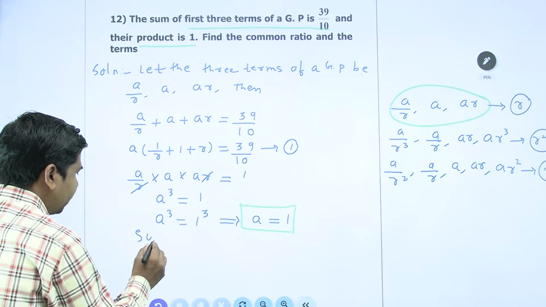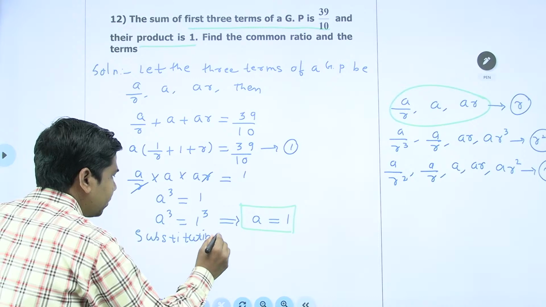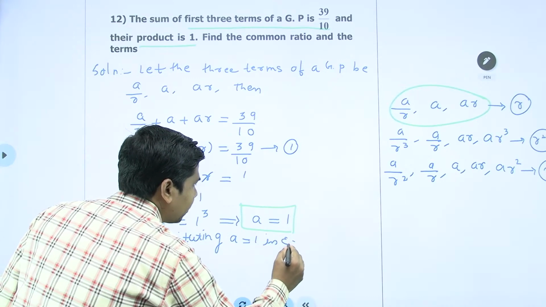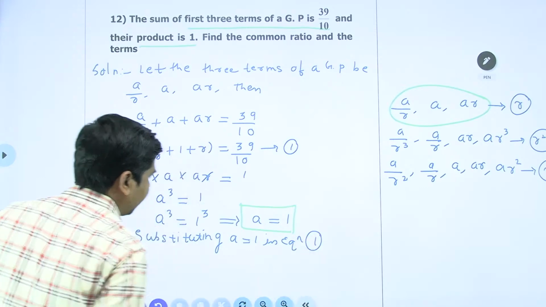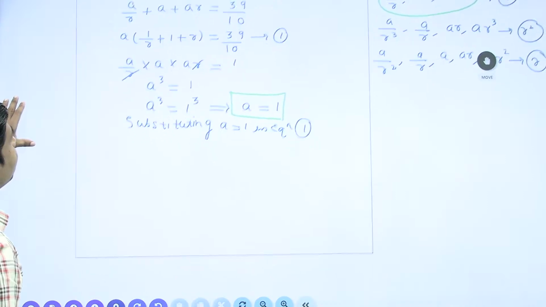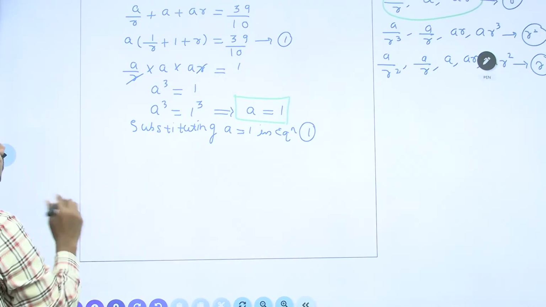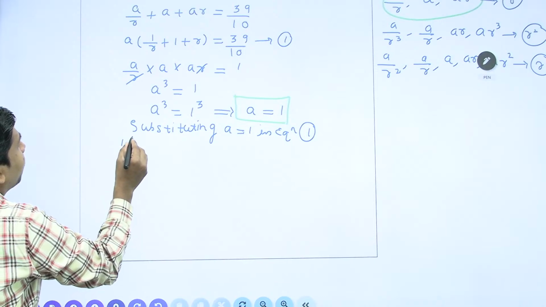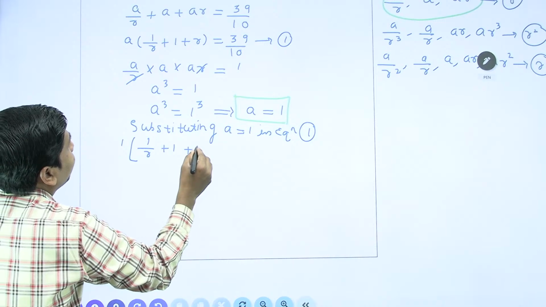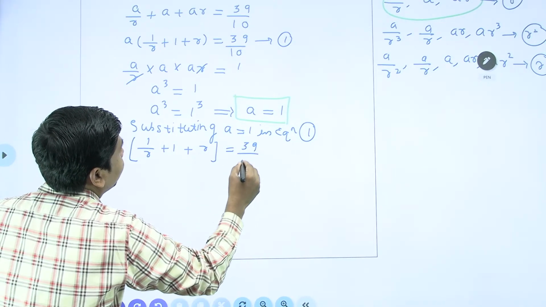Substituting A equal to 1 in equation 1. So what is equation 1 here? With A equal to 1, we got 1 into 1 by R plus 1 plus R equal to 39 by 10.